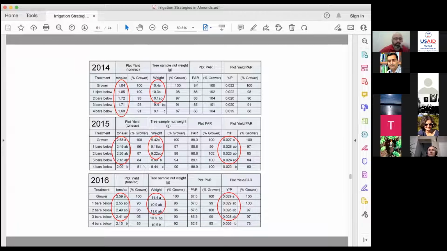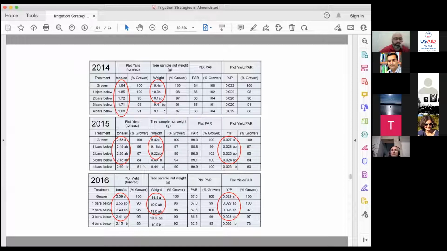So the power values, we did not go into the photosynthetically active radiation, the canopy light interception concept in this presentation. The power values actually increased when you applied a little bit less water. So the plot yield per unit of power in the lowest irrigation is about 88% of the grower's power value.